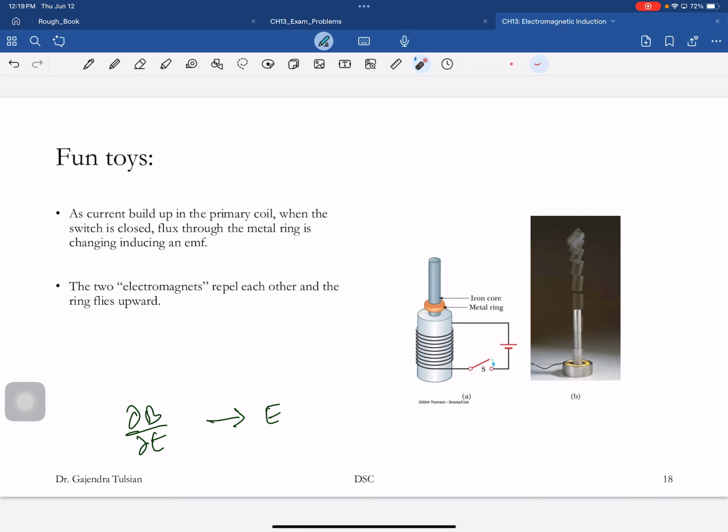So here's a coil connected to a battery. When the switch is open, there's no current flowing, and it doesn't produce a magnetic field. When you close the switch, a current starts flowing, and so it produces a magnetic field. So the magnetic field has gone from 0 to a non-zero value for a very short time.